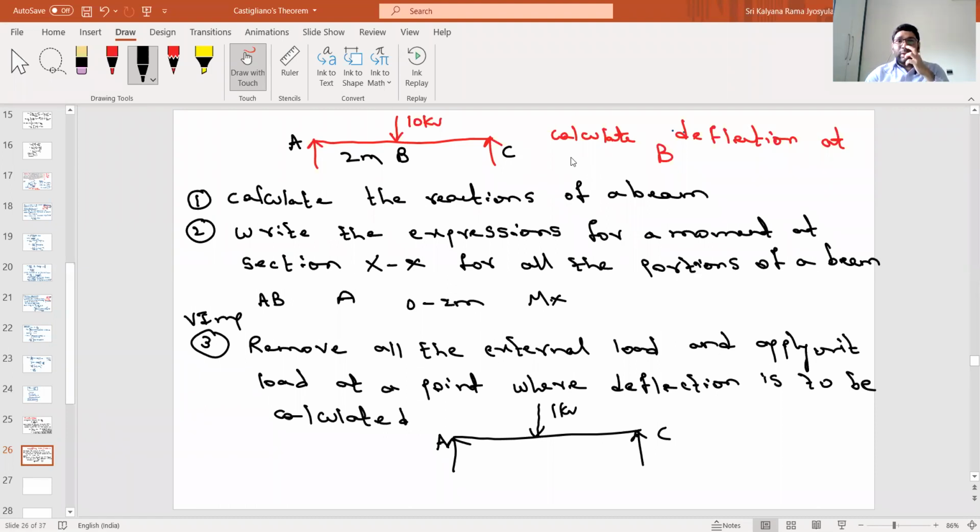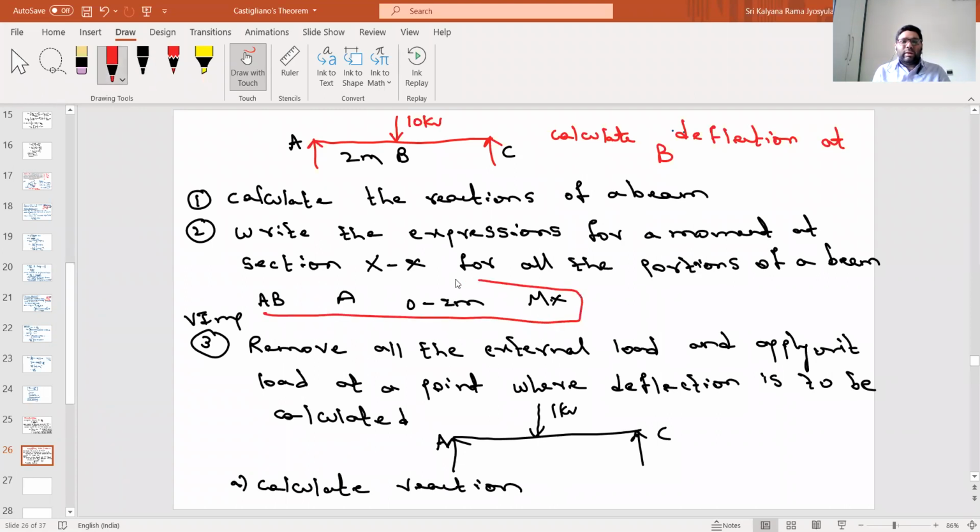So once we apply this 1 kilonewton load, what is going to happen? Now again, in this first part, calculate reactions. If you can try to understand, here we have calculated the portion capital Mx. So this all corresponds to capital Mx. But when it comes to the specific part, we will calculate reactions here, followed by small m.